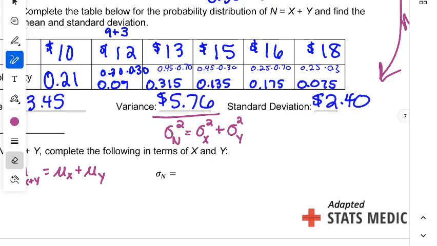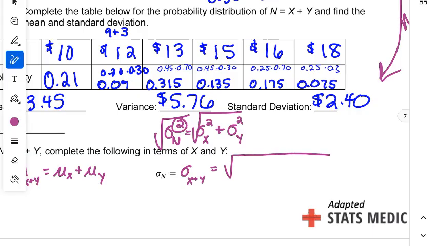And that works. But what I want is standard deviation. So I want to get rid of the squared, so I take the square root. That's where this works, because you can take the square root of it to find our standard deviation. So our standard deviation of x plus y is found by doing the Pythagorean theorem type formula: variance plus variance, or standard deviation squared plus standard deviation squared.